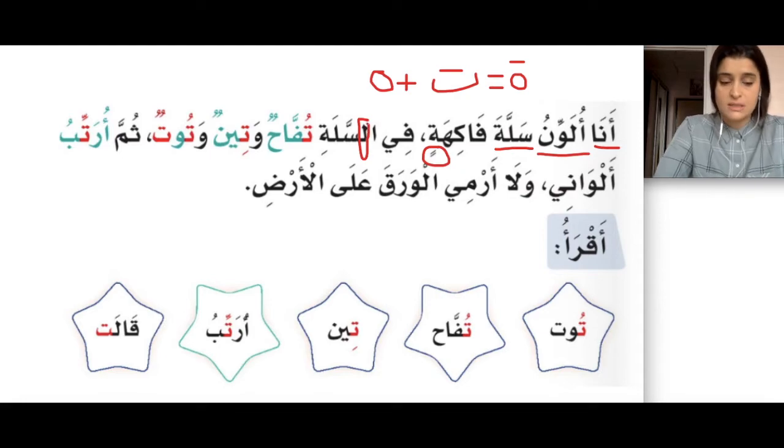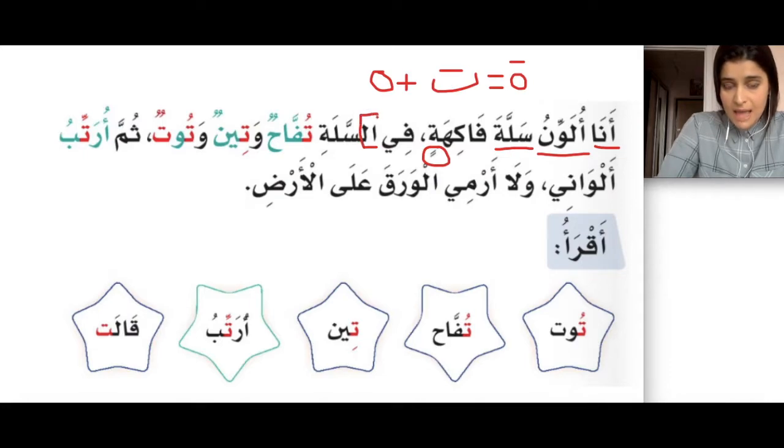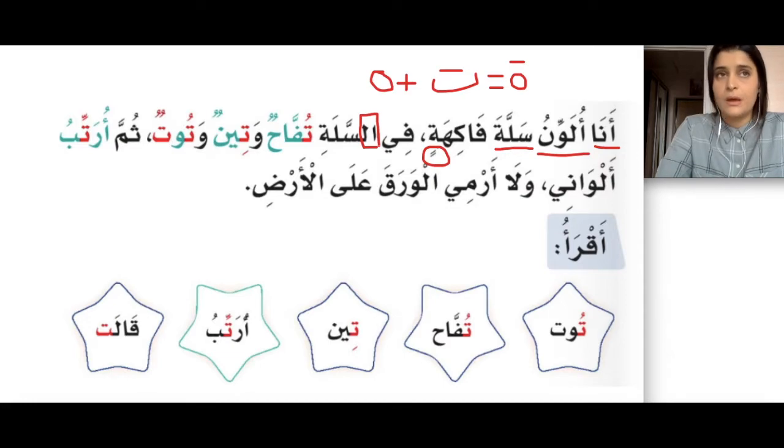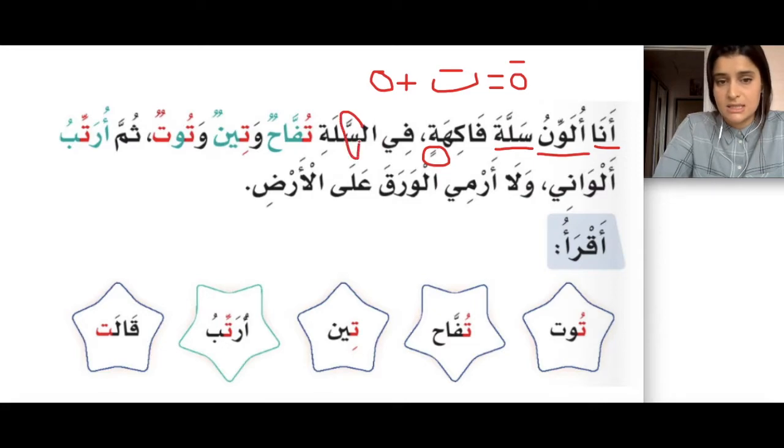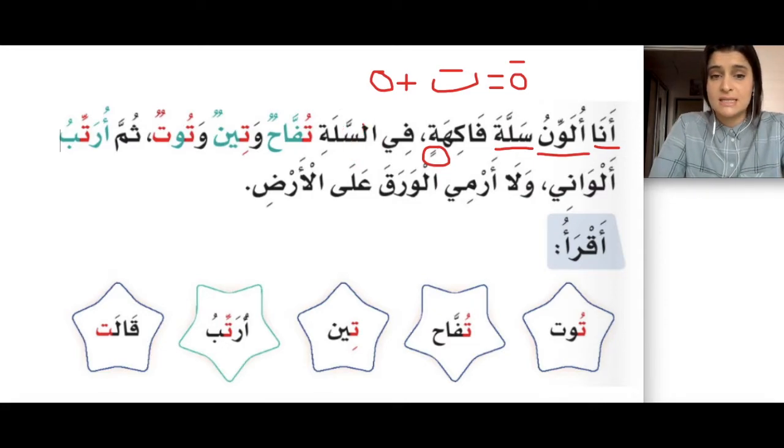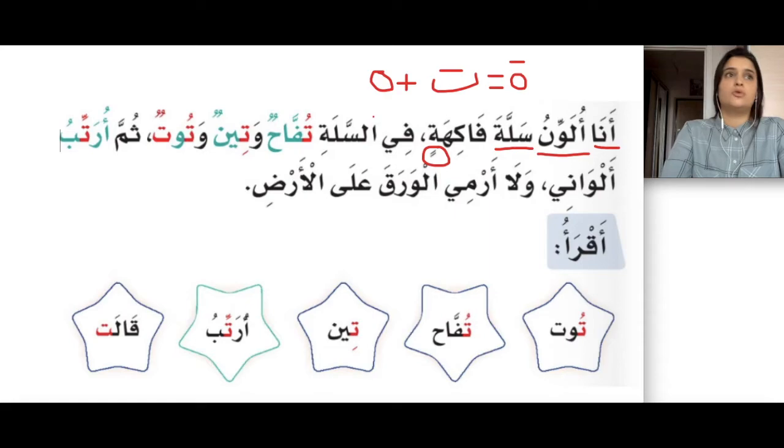I don't pronounce letter lam if we have after the article L, which means the, like in English, a sun letter. As you can see, it's a sun letter, not a moon letter. You will ask me, how do we know if it is a sun letter or a moon letter?